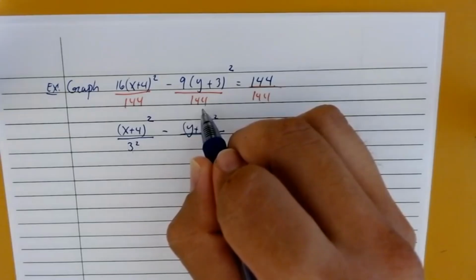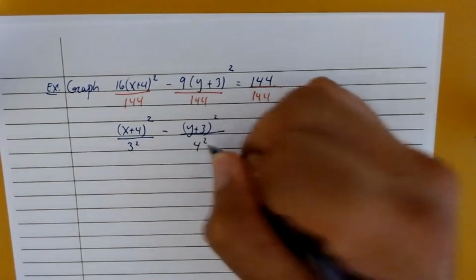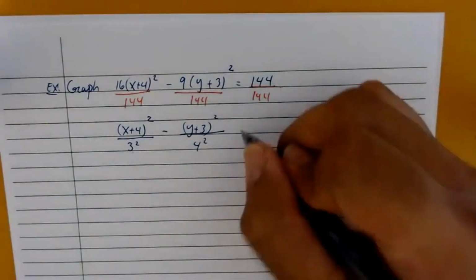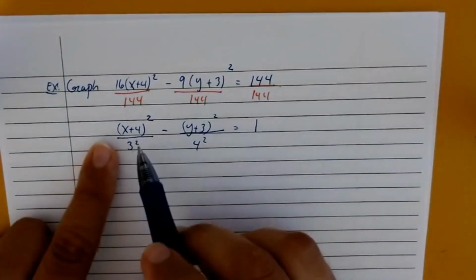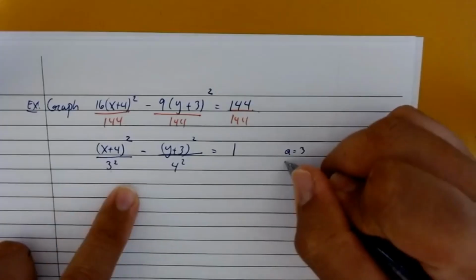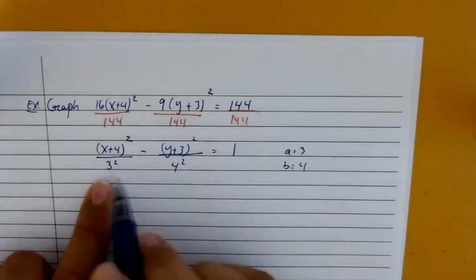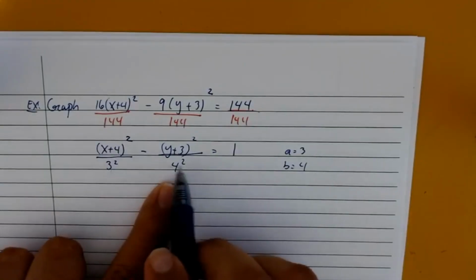That's the same as 1 over 16. So that's going to be a 16 down here, which is the same as 4 squared. And that's equal to 1. So right away, we learn a few things. We find that our a is equal to 3. We find that our b is equal to 4. Remember, a is always the denominator of the positive term. B is always the denominator of the negative term.